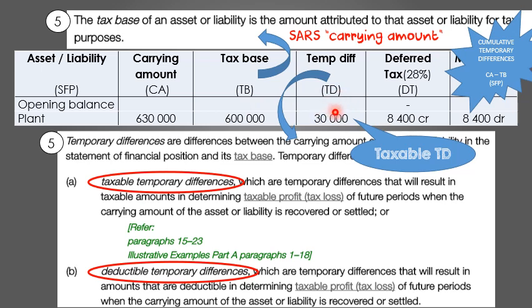And so therefore this is a taxable temporary difference, because our future economic benefits from this asset will be 630,000, whereas the amount that we can deduct against these economic benefits for tax purposes is only 600,000. So 30,000 of these economic benefits we will not have any deductions for, so therefore we will be paying more tax.